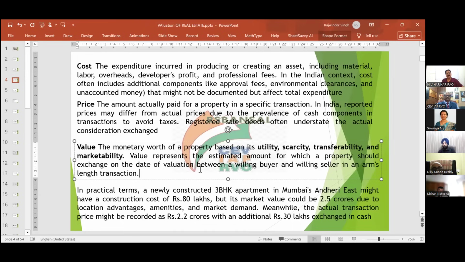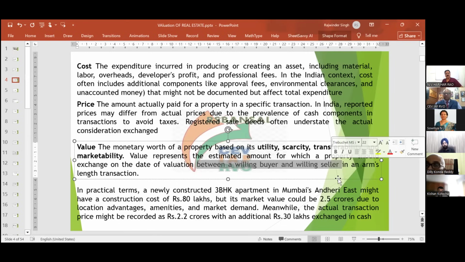Second thing is between a willing buyer and a willing seller. Means buyer is ready to buy that property without any problem, and seller is ready to sell his property.